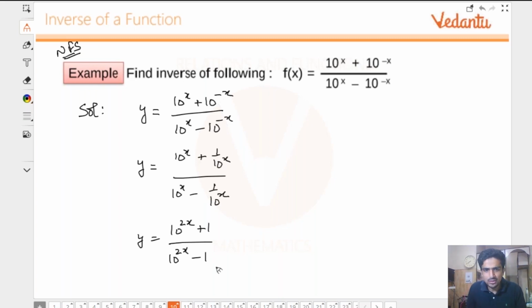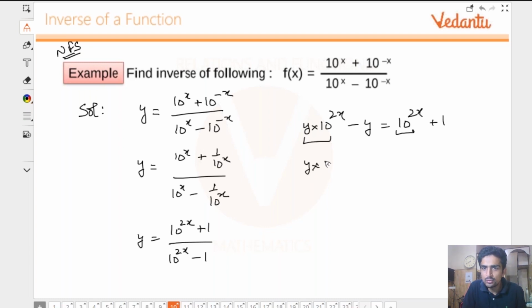And now try to see from here, at least I can find the value of 10 power 2x. Just cross multiplied: y into 10 power 2x minus 1 into y equals 10 power 2x plus 1. Now keeping these two terms together, because I am trying to find the value of 10 power 2x.